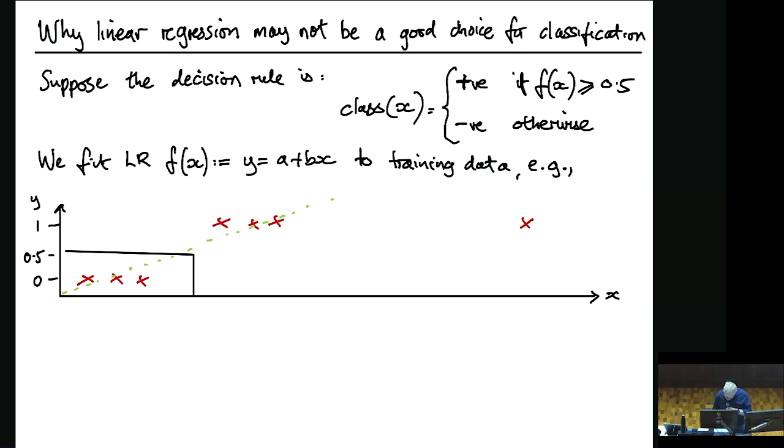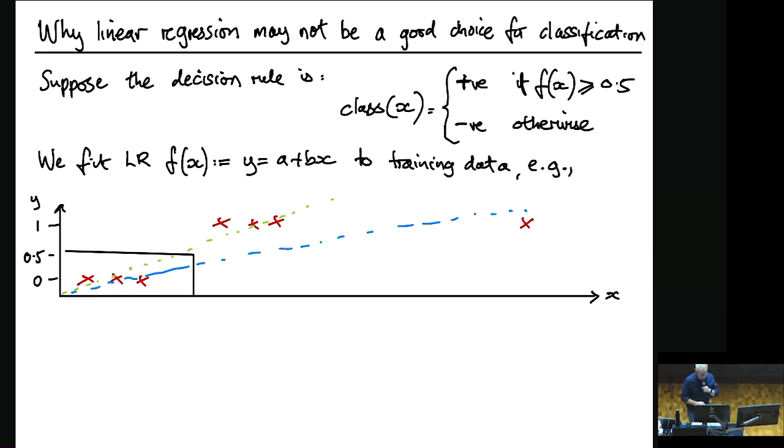But the problem is if you fit a line like this using typical linear regression methods, sorry the line's a bit rough, but you get the idea, the threshold now is going to be rather different. The threshold of this line for being 0.5 is something like this. Not exactly, but reasonably close.